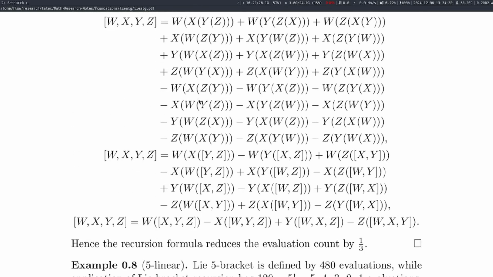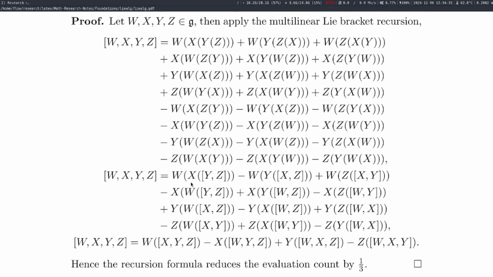So these three terms are just the trilinear bracket xyz with w applied on it. And now each row is like that.